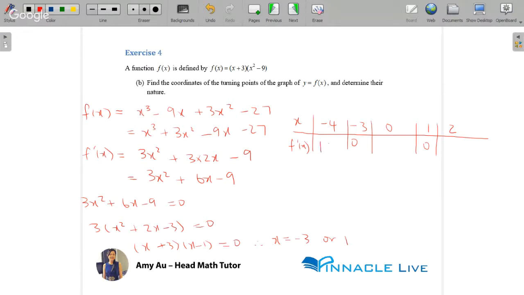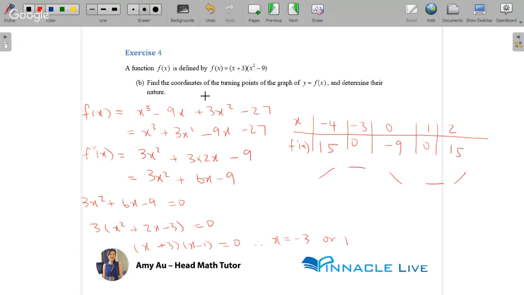So the first one should be 15 minus 9, 15. All right, what these numbers suggest is increasing, stationary, decreasing, stationary, increasing. So that gives you the shape of the graph. Now, important to look at how this question is worded.